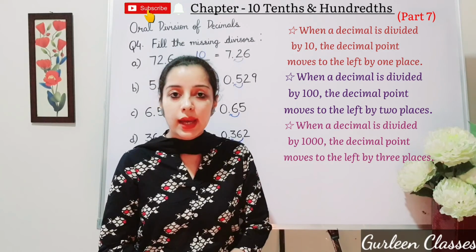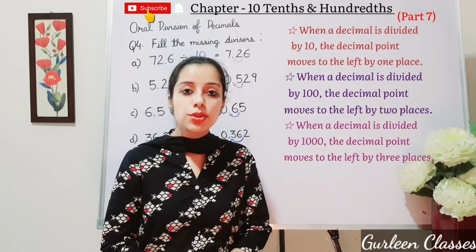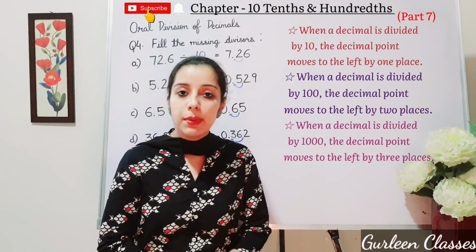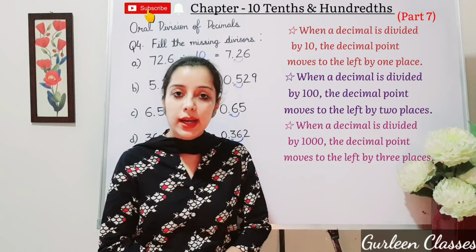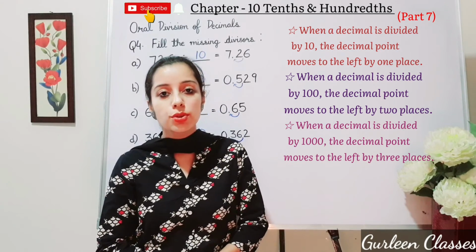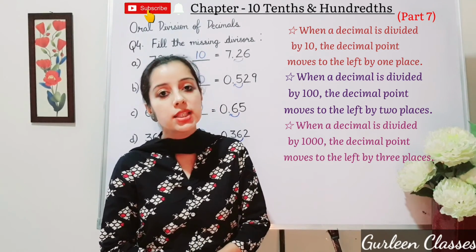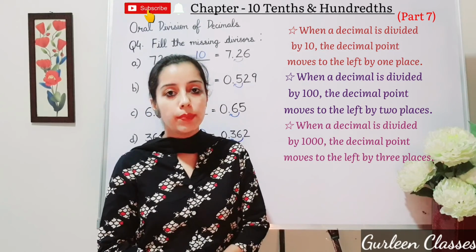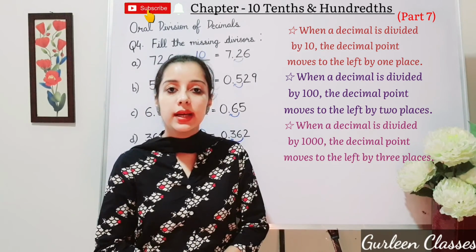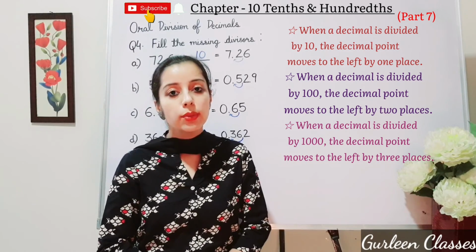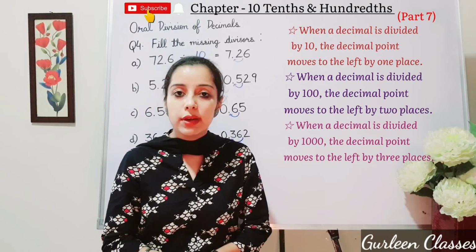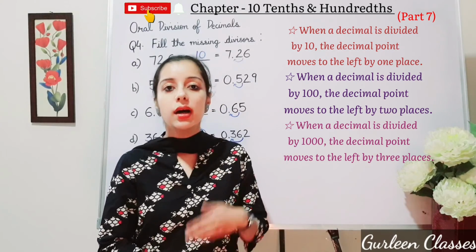Whenever we multiply, the decimal point moves to the right by 1 place, 2 places, 3 places and so on. Whenever we divide, the decimal point moves to the left by 1 place, 2 places, 3 places and so on. So whenever you multiply, we move the decimal point to the right, and whenever we divide, we move the decimal point to the left.